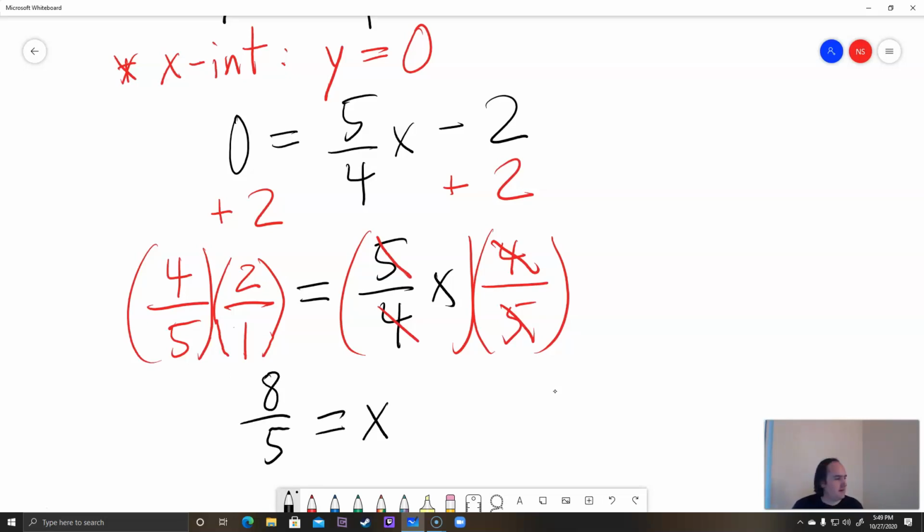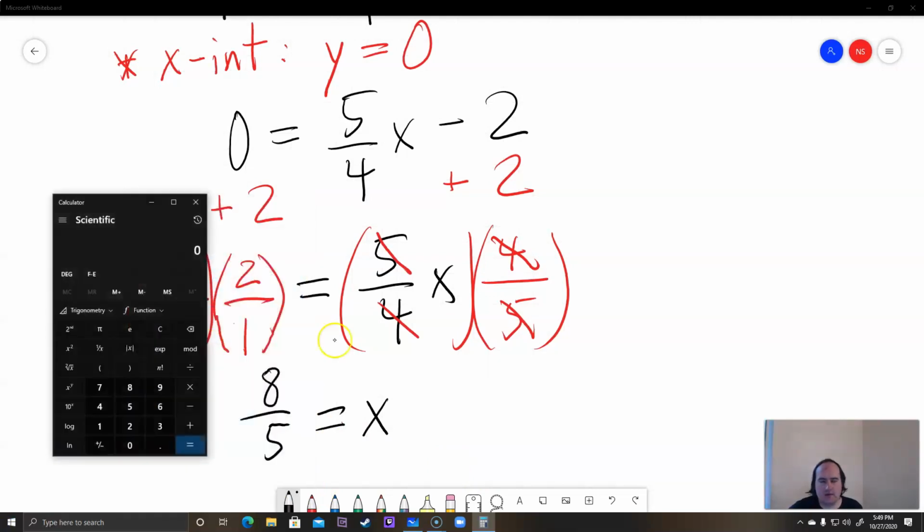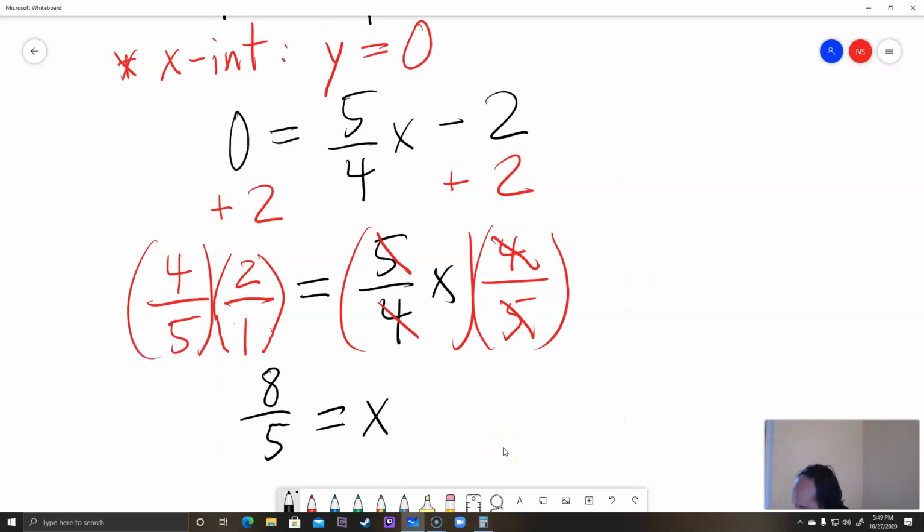Okay, and then how are we going to graph this? Well, it's kind of hard to graph 8 over 5, honestly. But you can always use a calculator to get an idea of what it is. So if you use a calculator, including the one that just comes with your computer, 8 divided by 5 is 1.6. This is actually equal to 1.6, not approximately.